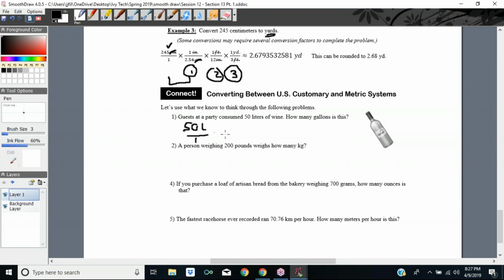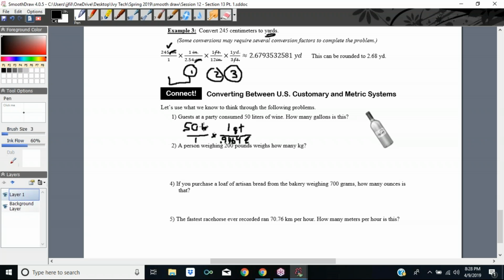And if we look right in the very center of the page, it says 1 quart is approximately 0.9464 liters. So that's where we're going to make our conversion into the US customary. Now the liters have to be on the bottom, so we're going to put the 0.9464 liters on the bottom and 1 quart on the top.